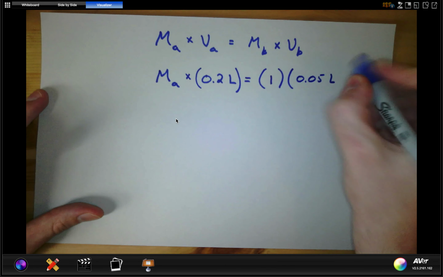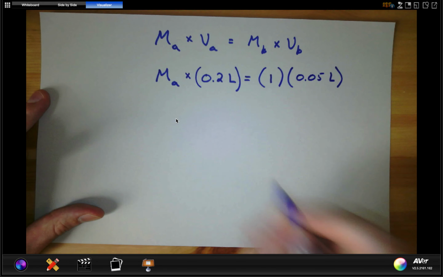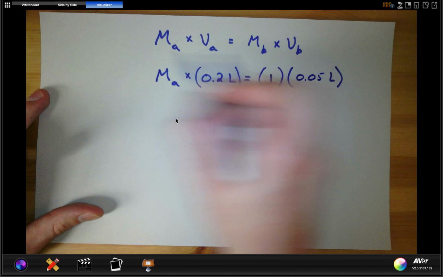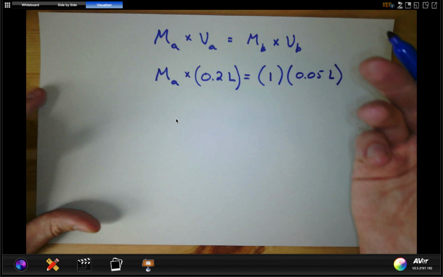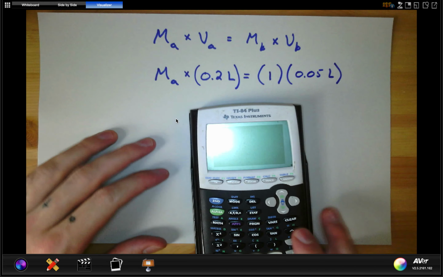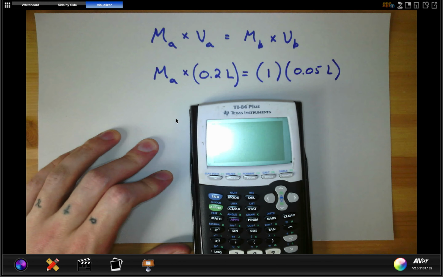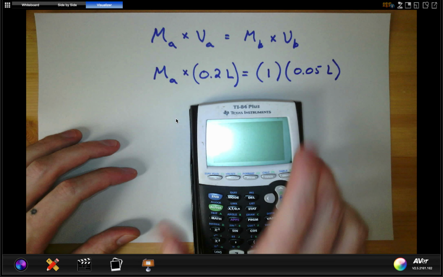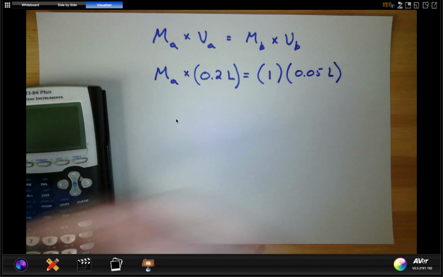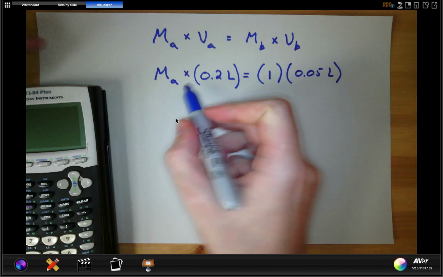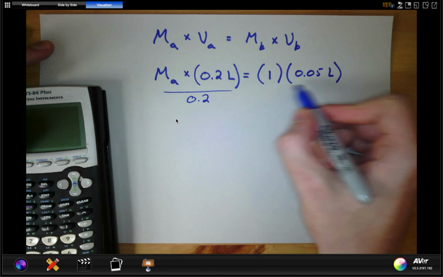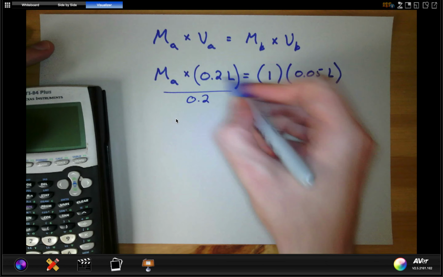Okay? So with this equation, it's always going to give you three of these terms, and you're always going to solve for the last one. So now it's just kind of a math thing. So to do this, I can do this out. 0.05 times 1, well, I don't need a calculator for that. That's 0.05. And then if I divide both sides by 0.2, that cancels that out.